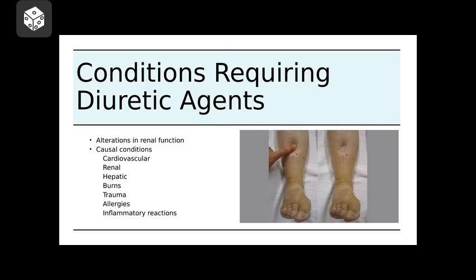Your plasma proteins hold on to this fluid and keep it on the inside where it should be. If you have low plasma proteins, then you don't have a really strong pull, and that lets the fluid weep out into the external tissues, and that's where you get swelling from that. So again, a lot of reasons why you might need to use a diuretic.